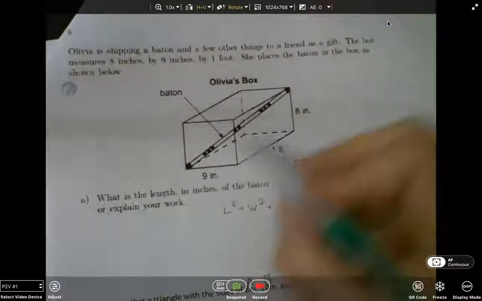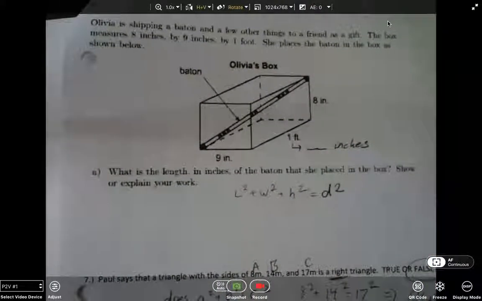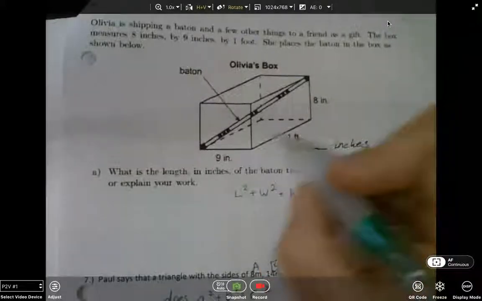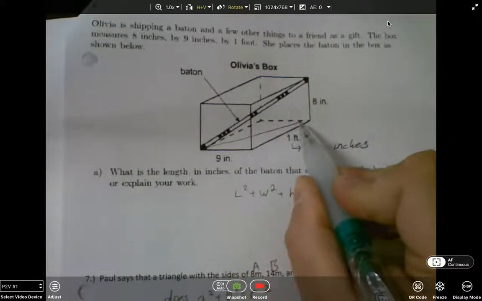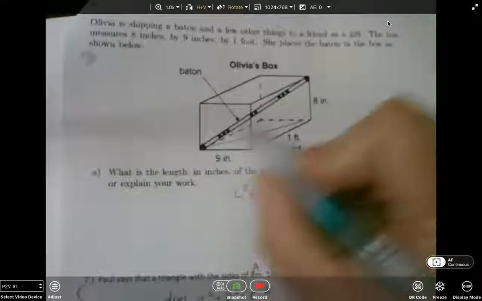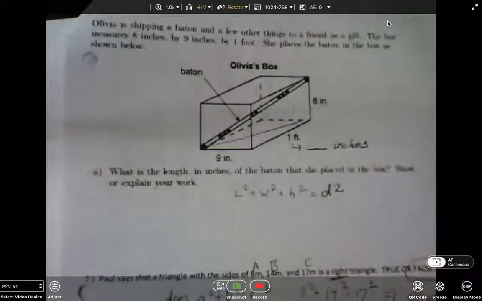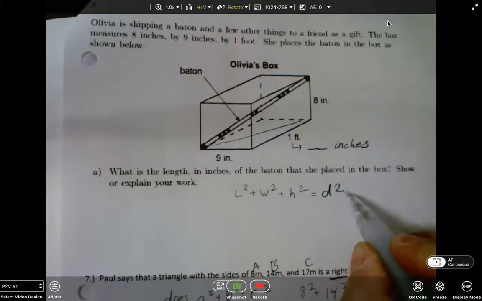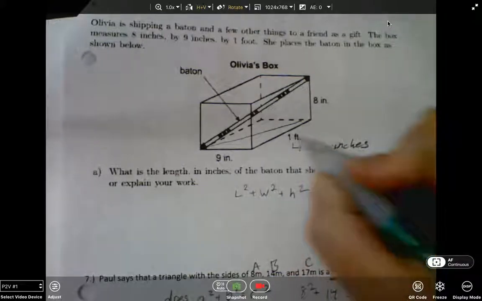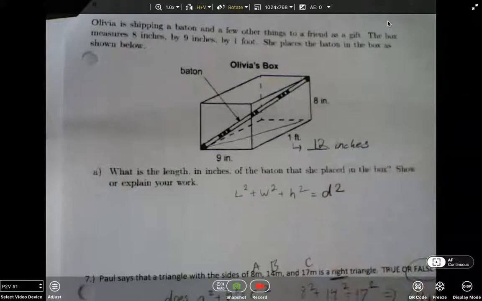And last but not least, you have a box, and Olivia's box holds the baton just perfectly on the diagonal. We learned earlier that instead of doing the Pythagorean theorem twice, finding a hypotenuse and then using that answer to find another hypotenuse, we could just do length, width, and height squared, add them all up, and that should equal diagonal squared, and we square root. The trick here is that this 1 foot, you need to make sure that's 12 inches.